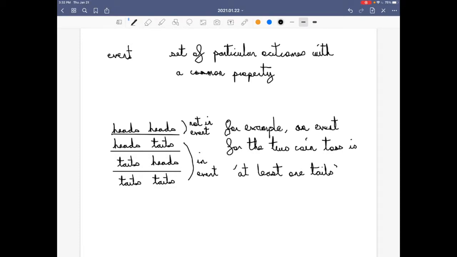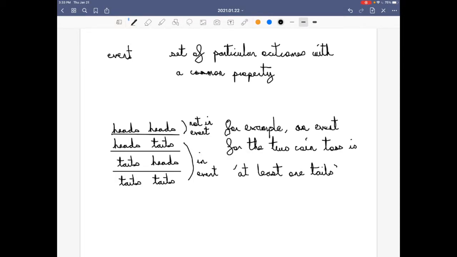So if we're sticking with our flip two coins as an example of a probabilistic experiment, we can think, all right, an event could be at least one tails. So another way of phrasing that would be to say that we're looking at the event that we see at least one tails. That's something that can potentially happen as a consequence of our experiment.